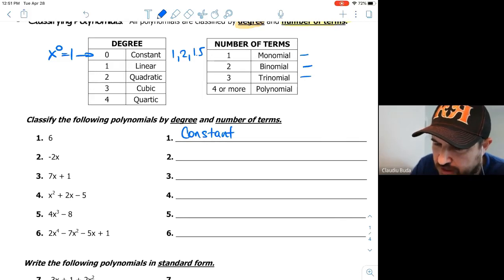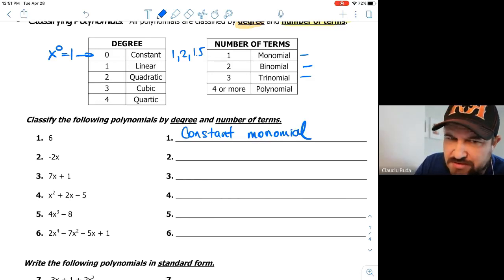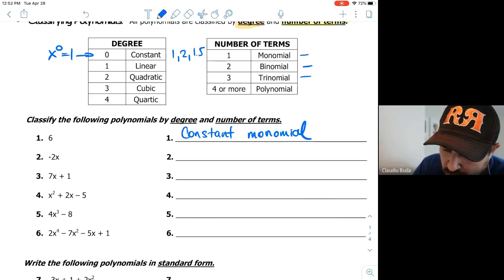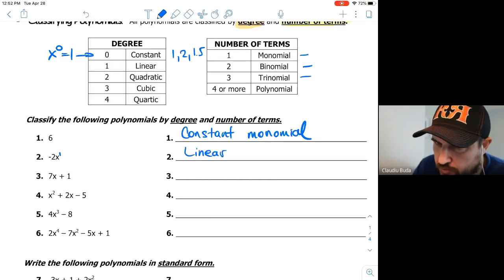And since we only have one term, by the number of terms it is a monomial. Constant monomial. Second, negative 2x. Since x is to the first power, that is a linear. And again, only one term, monomial.